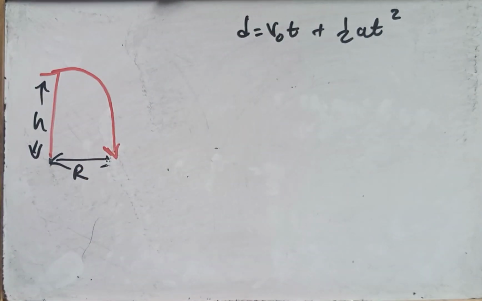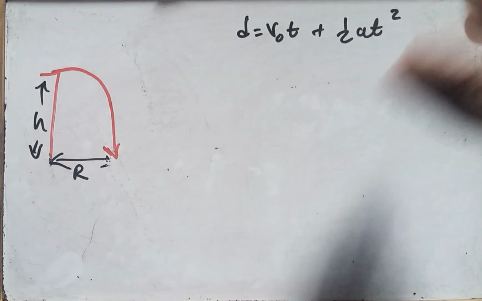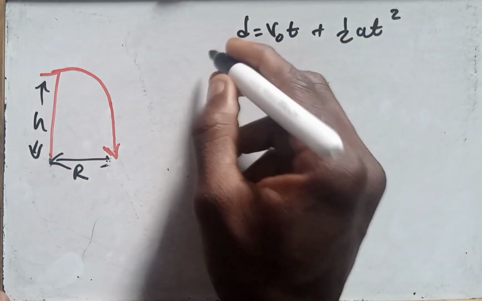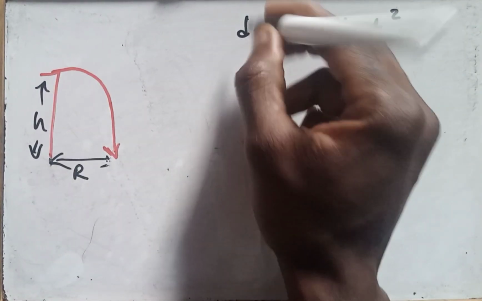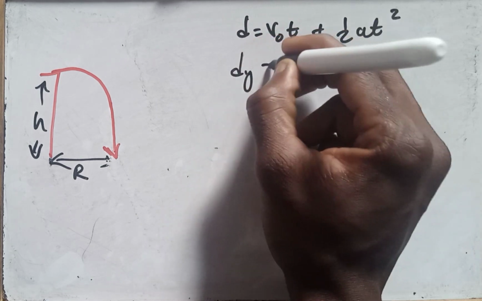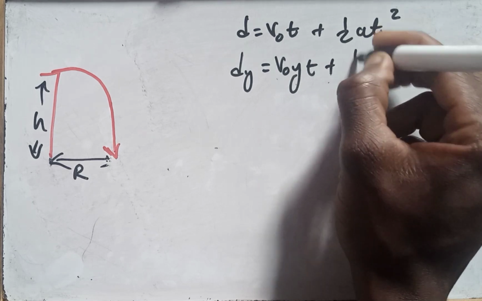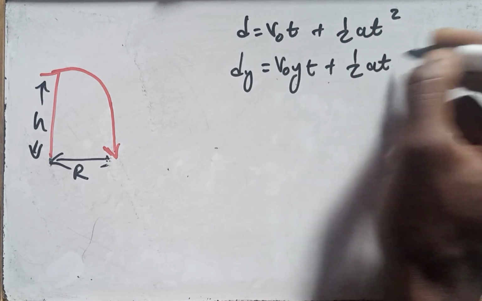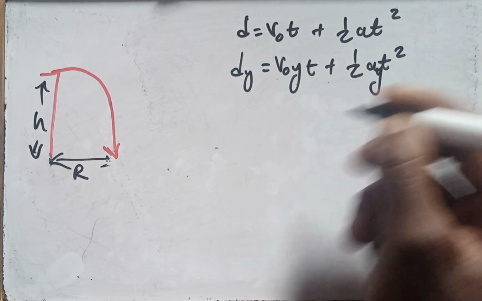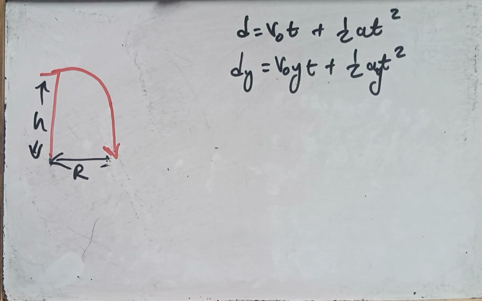In this equation, we have to write it in the y-axis. We don't just use it the way it is, we write it in the y direction. So writing this equation in the y direction, we're going to have d in the y is equal to v initial in the y times t plus half at squared, and a, we have to write a in the y-axis.